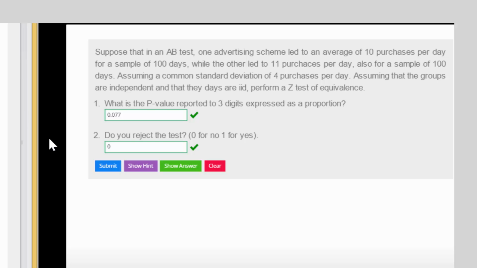So we're stretching a little bit here by applying it to rates, but hopefully you've gotten the idea that the way in which we executed the formula was the estimate for the difference in the two means that we wanted to test hypotheses about, minus the hypothesized value, so we're assuming they're the same under the null hypothesis, then divided by the standard error, where we did the standard error calculation assuming the two variances are equal for this particular problem because it told us to do that. And in fact, it even gave us the standard deviation.